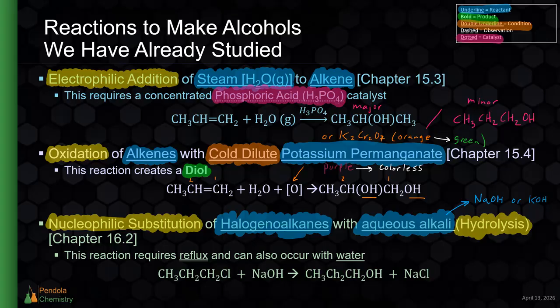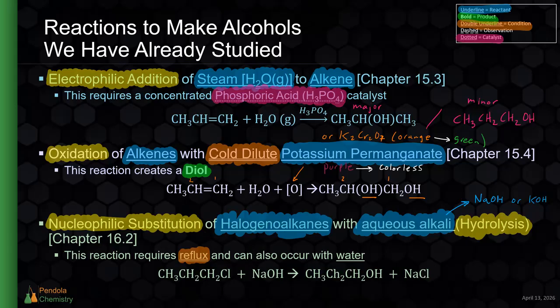So there is a specific condition that we need for this reaction, and that condition would be the fact that this needs to be under reflux, which remember is how we heat organic compounds so that they don't just evaporate on us but actually react.